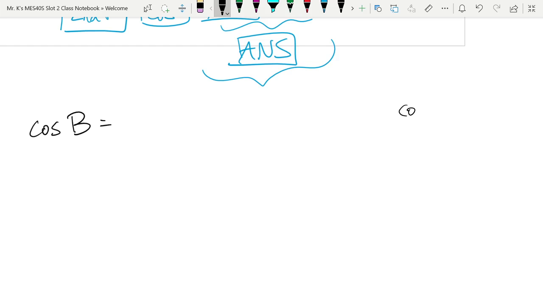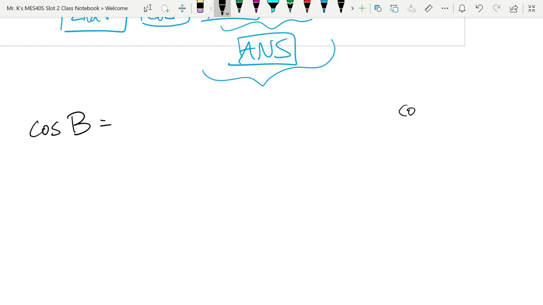Well, it's going to be a big divide. The bottom's going to have a 2. You're going to have something squared plus something squared minus something squared. What goes in those 3 blanks? And then you're going to have 2 times something times something. What goes in the blanks? What order do you have to do it in?